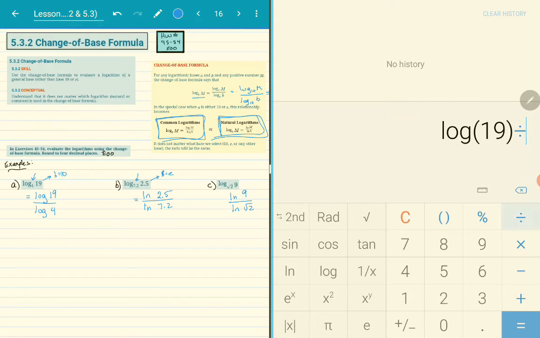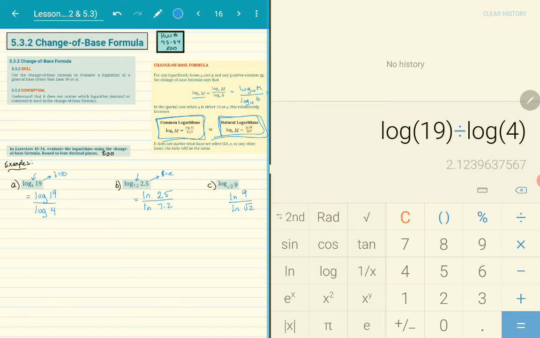So I want to separate it, and then I have my division bar, and I have log of 4. And then I get this to be approximately 2.12, and it says to round to the 4 decimal places, that actually rounds to a 40, since that 6 pushes up the 9 to a 10, so that pushes that up to 40.